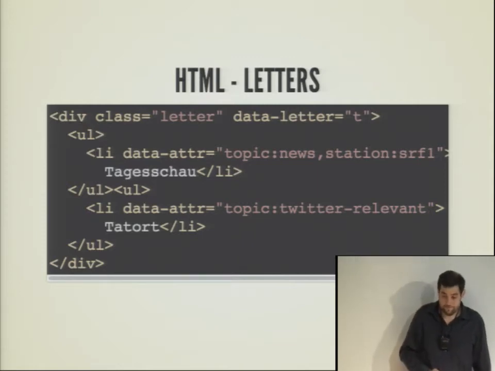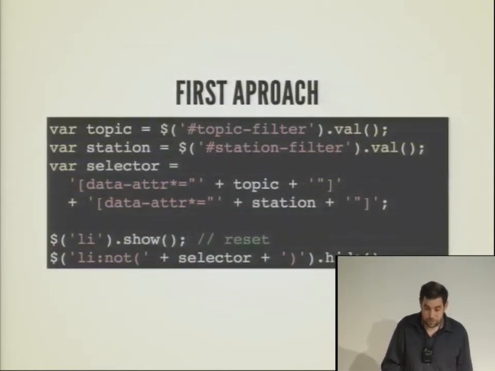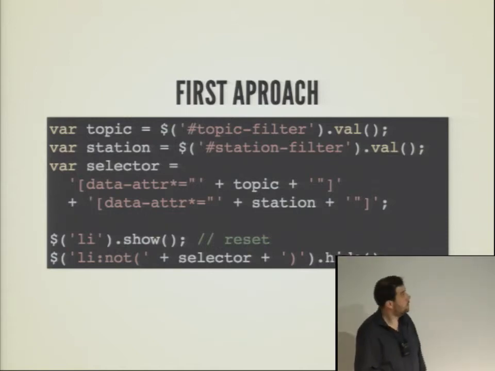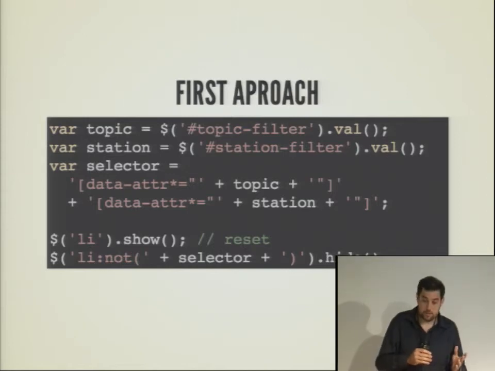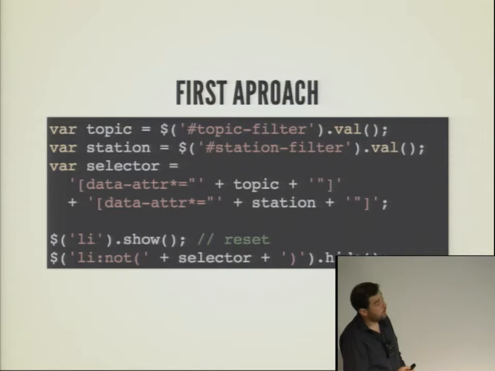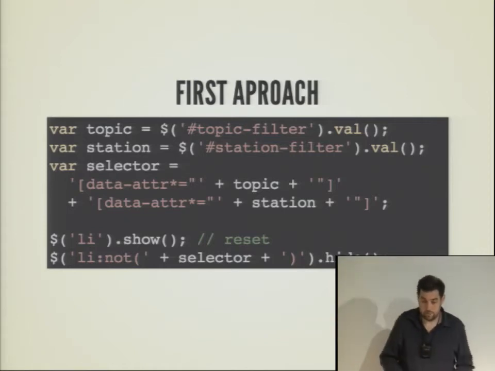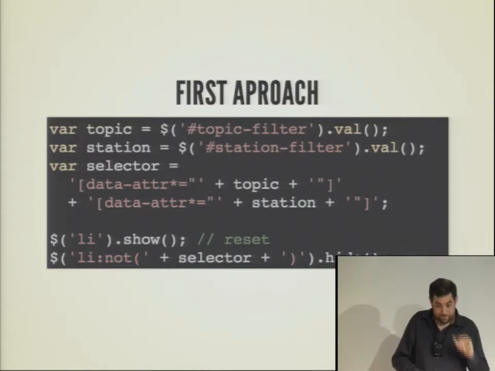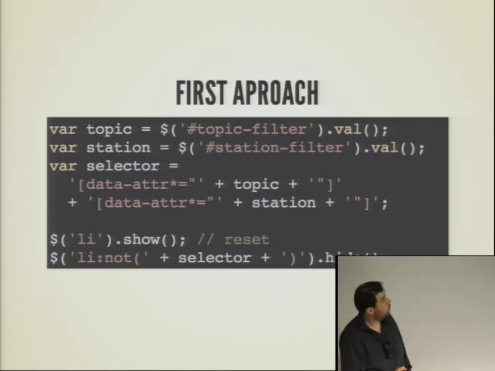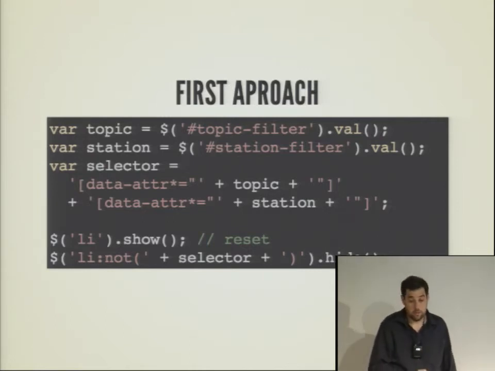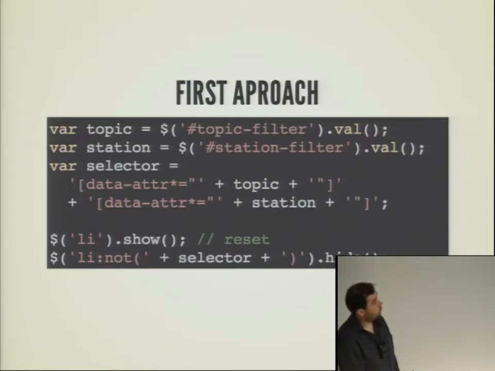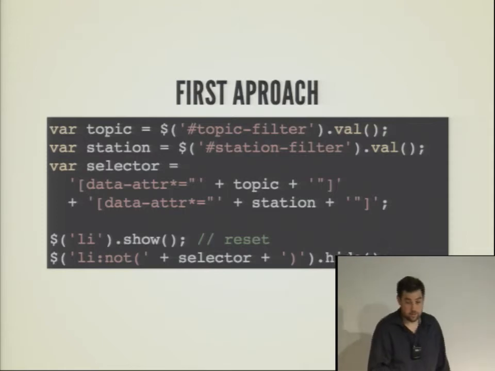So yeah, we thought, okay, that's nice. So what we can do is we just get the value of the 2 filters and we concatenate them together. The star equal sign is for the topic has to be part of the data attribute, and jQuery actually handles multiple selectors quite well. And what we then did is we showed all the shows. The list items are the shows, and then just hid the ones which do not match this selector.